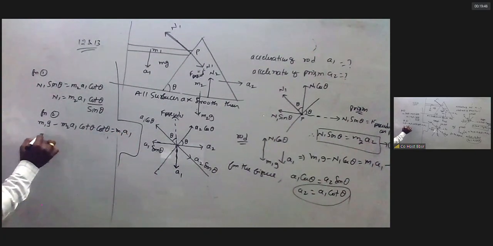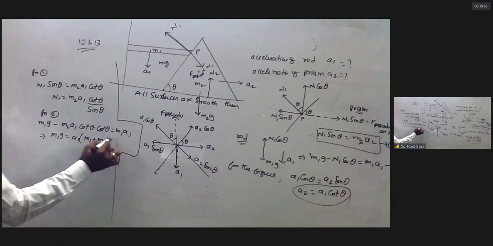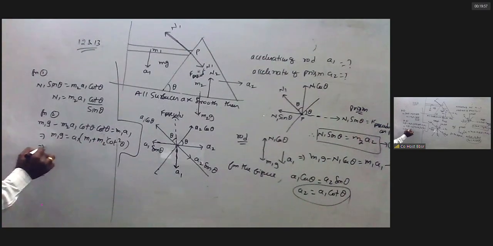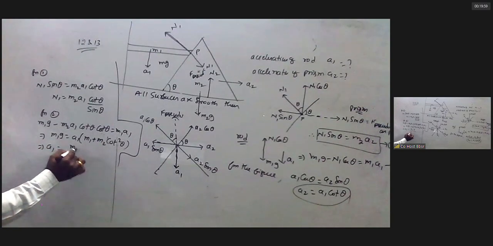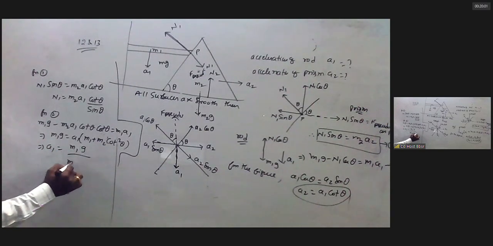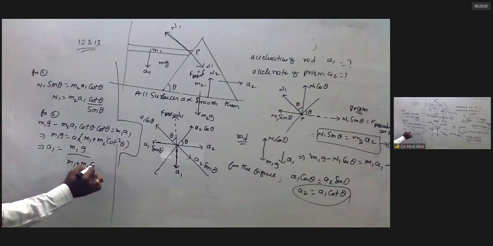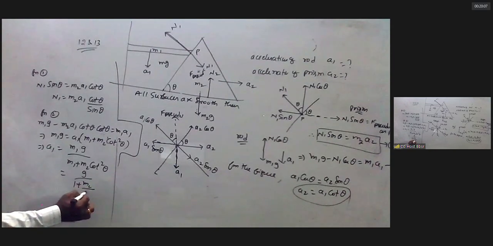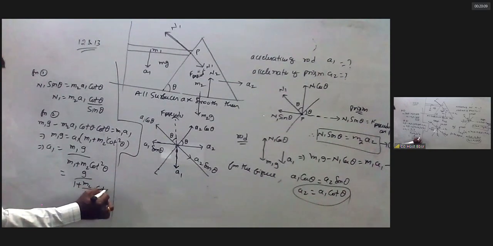So M1G equal to A1 into M1 plus M2 cot square theta. Now what is A1? M1G by M1 plus M2 cot square theta. I can take it like this: G by 1 plus M2 by M1 cot square theta.